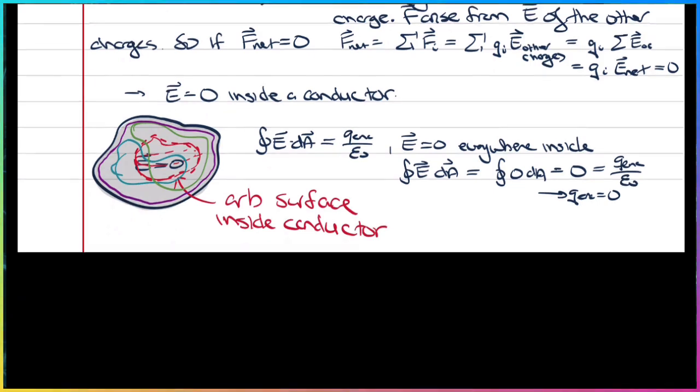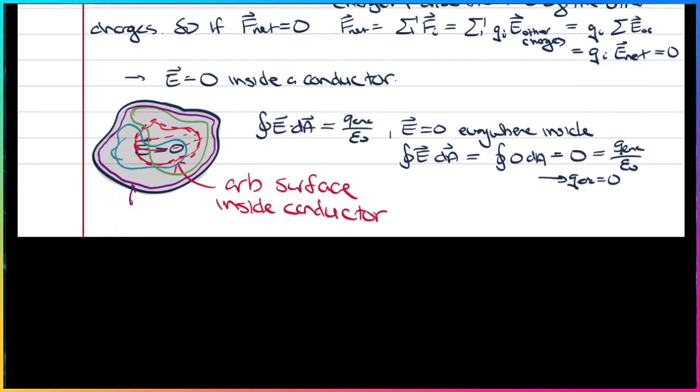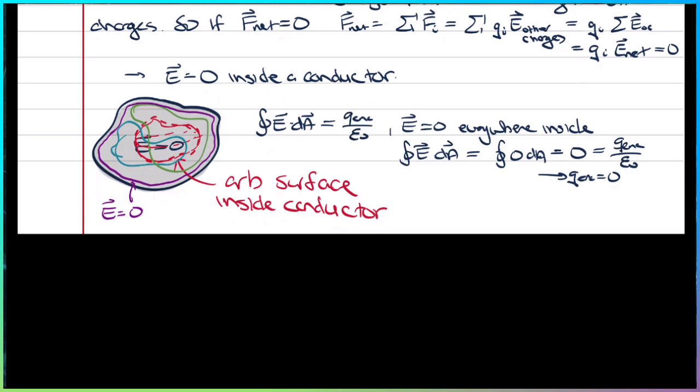It's entirely inside, so E is still 0 everywhere along that surface. So the excess charge cannot be inside the purple surface either. So essentially all of this collects to say that Q must reside on the surface. That's essentially the only place left.